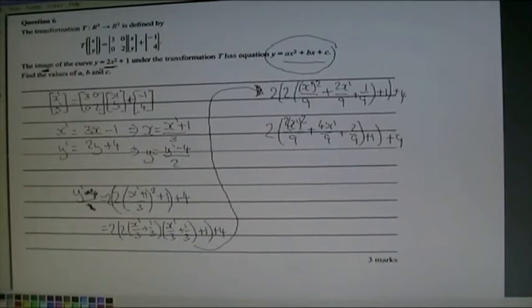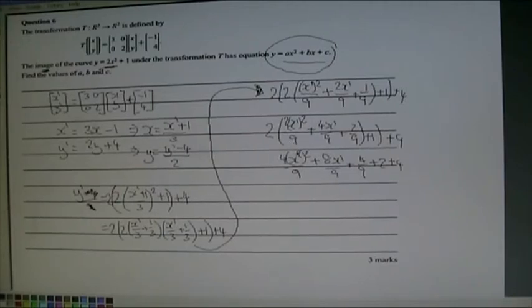Okay, so we've got to multiply by 2 again, so that's 4x dash squared over 9, and 2 times 4 is 8x dash over 9, and 4 over 9, and 2 times 1 is 2, plus 2, and then plus 4. Okay, we're nearly there.